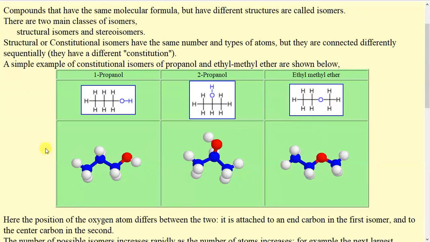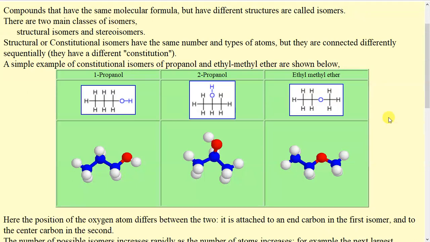Although all these have the same composition, that is they have 3 carbon atoms, 8 hydrogen atoms and 1 oxygen atom. Here in this case there is also 1 oxygen, 3 carbon and 8 hydrogen atoms in all three cases.